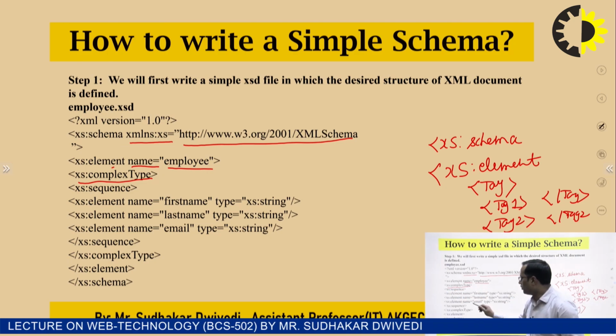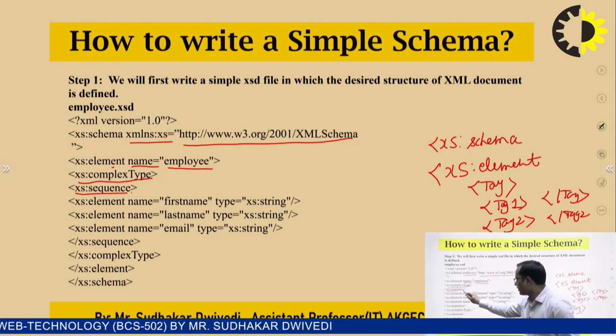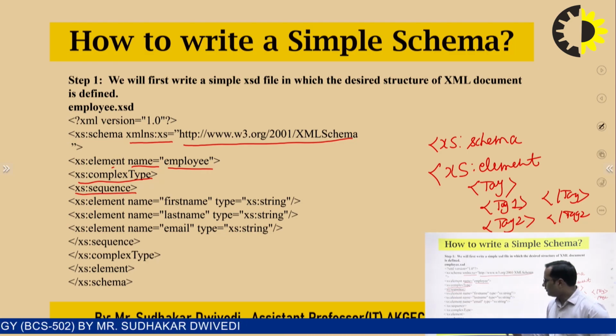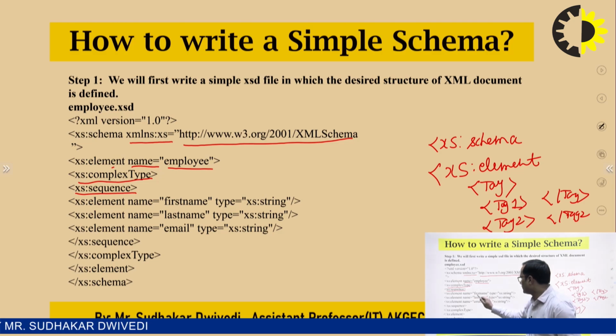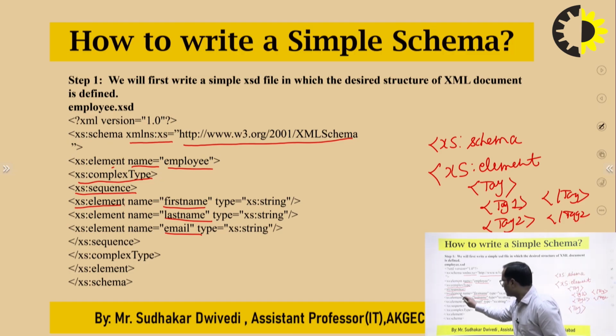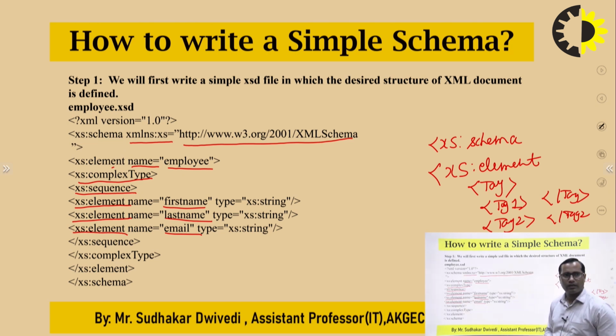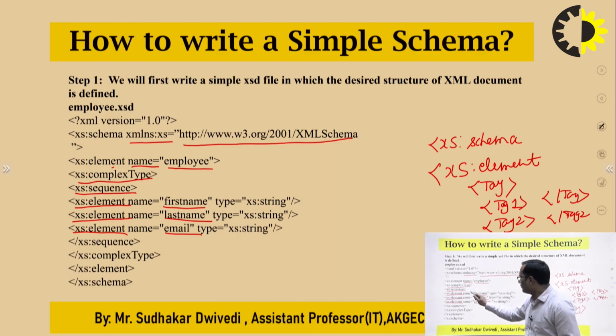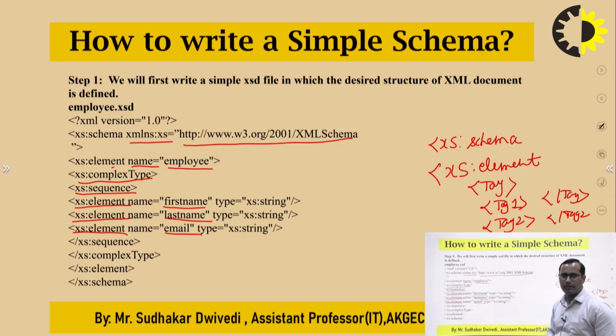And then the sequence. What is the sequence? The xs:sequence: the first element is the first name, the second element is the last name, and the third element is the email.